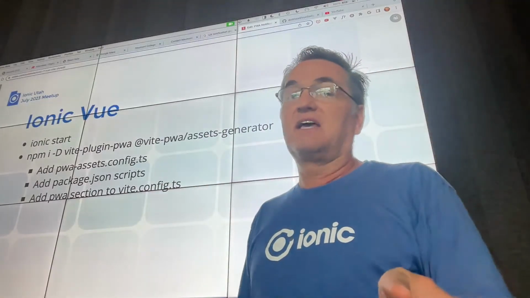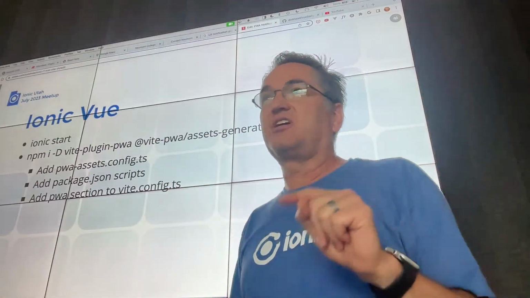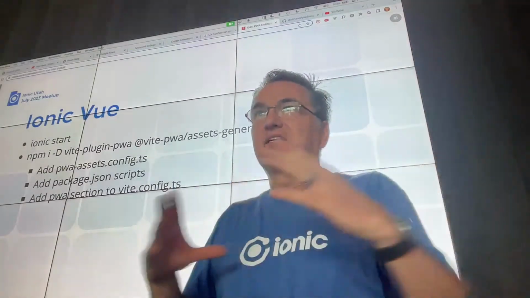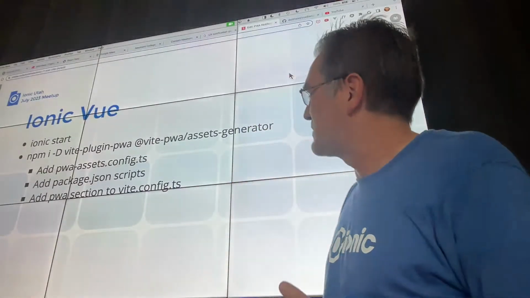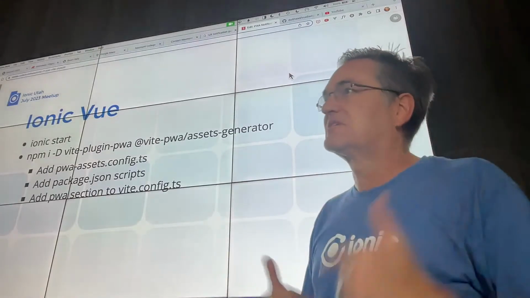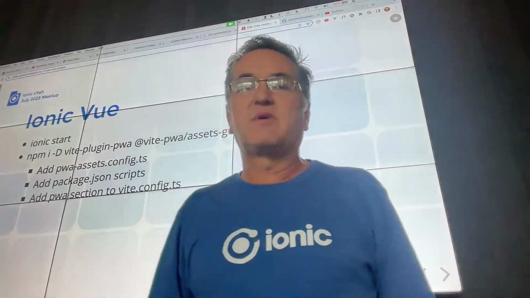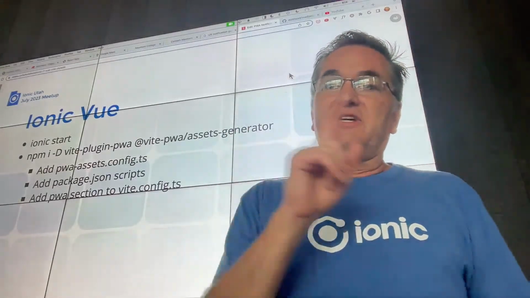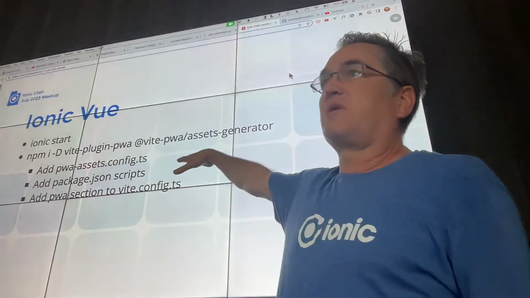In fact, they even recommend using an SVG because it is fully scalable, expandable. But they convert them into PNGs, which is what it needs to install as a PWA.